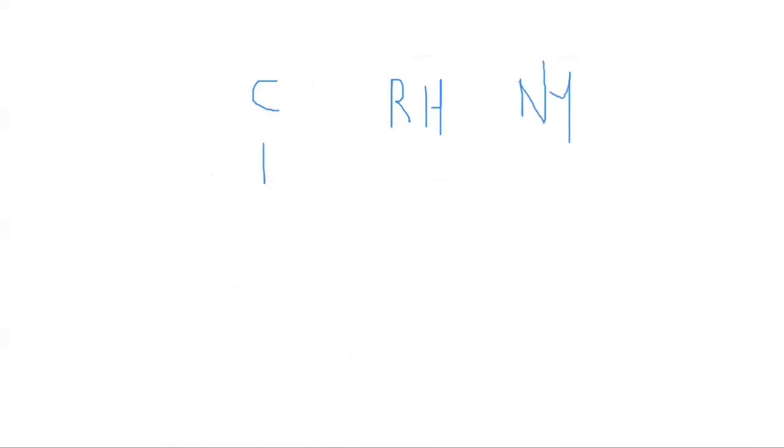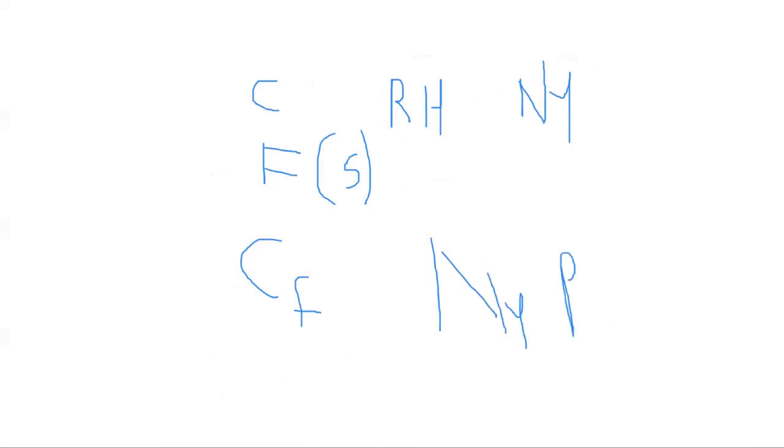Then we have f of S considered as 1 plus GSHS. And we need to have CF, which is nothing but the Nyquist plot that we sketch. So if these three things are clear, then we will proceed.